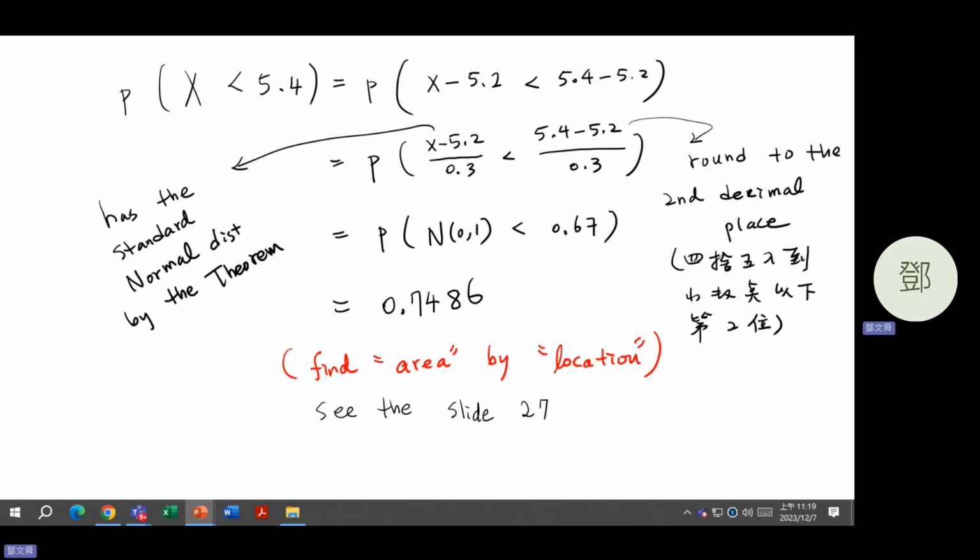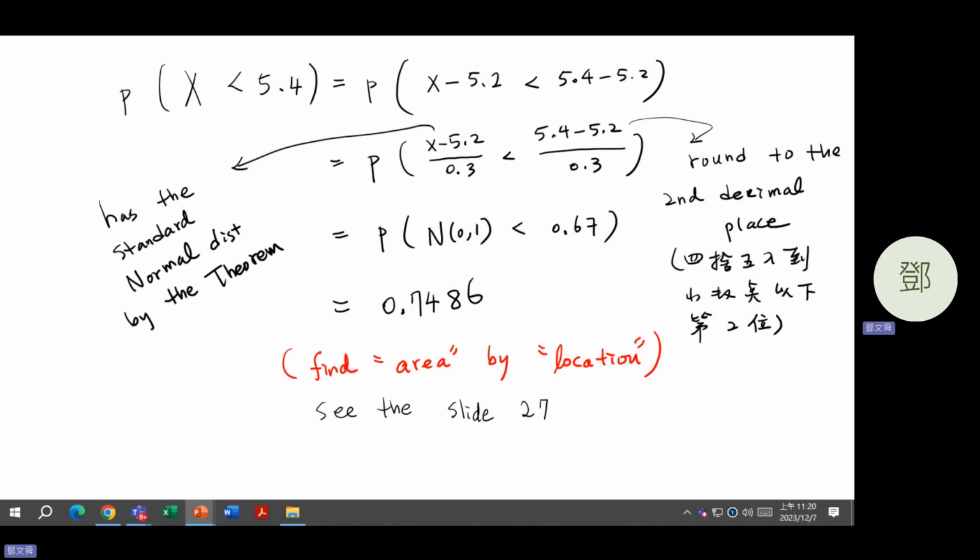Do you see any value 5 point something? I don't think so. The maximum and minimum are 3.5 and minus 3.5, right? Why? Because the table is only for the standard normal distribution. But does X have the standard normal distribution?